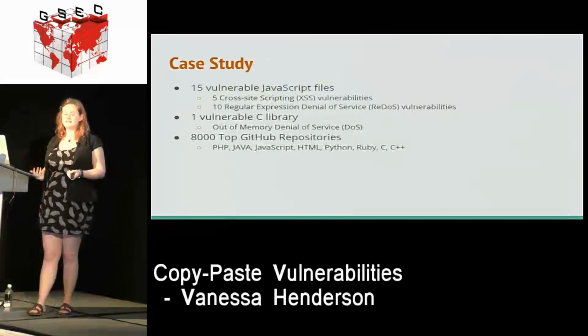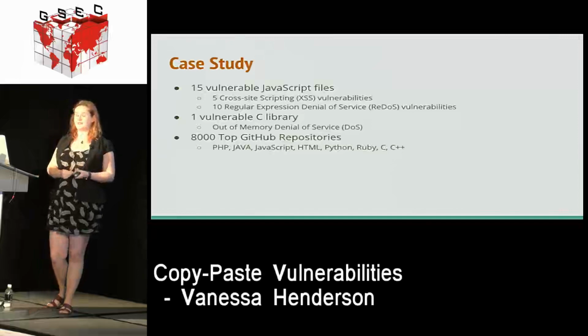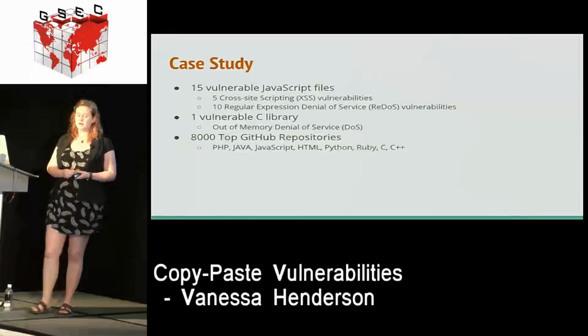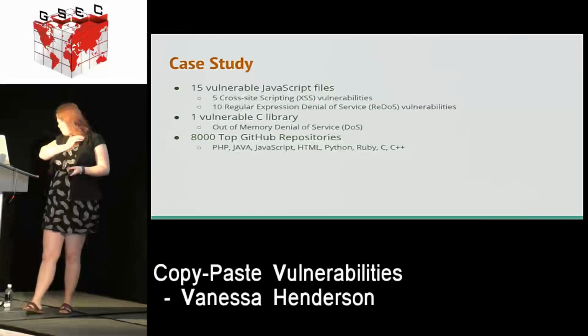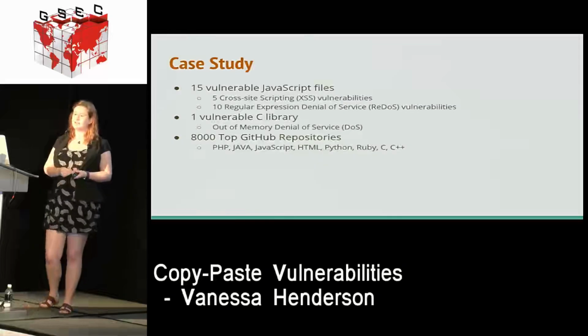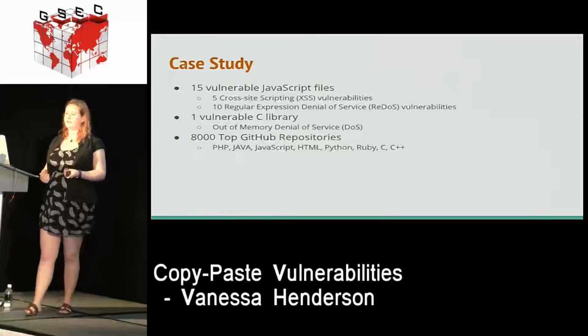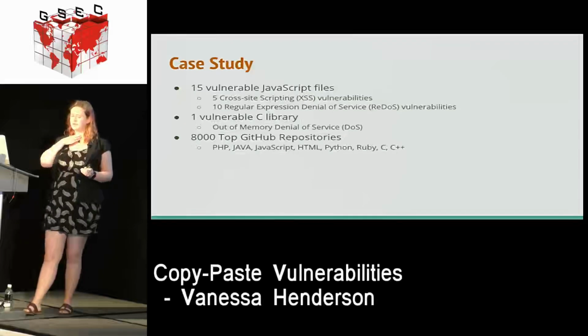Now, what exactly did my case study entail? I scanned for 16 different vulnerabilities. 15 of them were JavaScript files and JavaScript vulnerabilities. 5 of those were cross-site scripting. And then I searched for 10 different regular expression denial of service vulnerabilities. So the regular expression denial of service vulnerabilities were ones where there was a single regular expression, such as the one we saw earlier, that is responsible for bringing down an application.